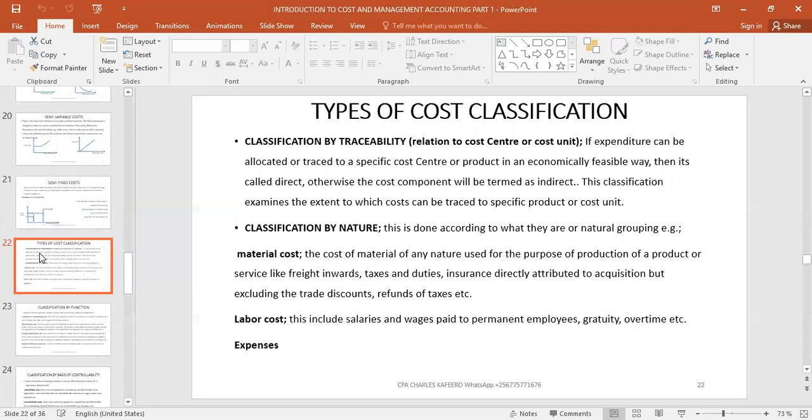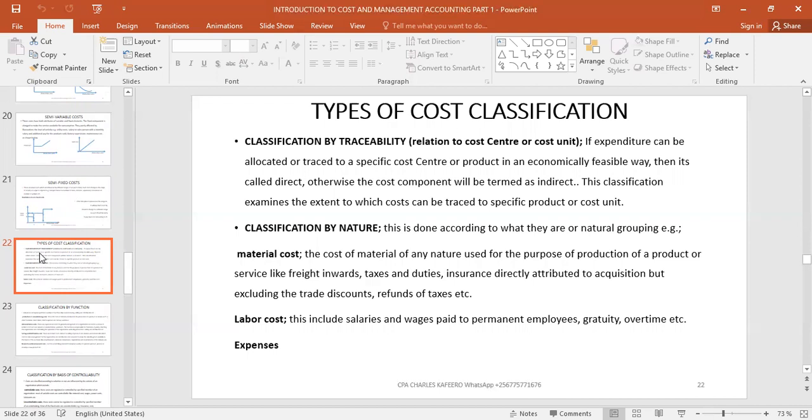This classification by traceability is in relation to the cost unit or the cost center. Because as we say, the cost unit is the final product. When you say classification by traceability, we mean how costs can be traced to the final products.